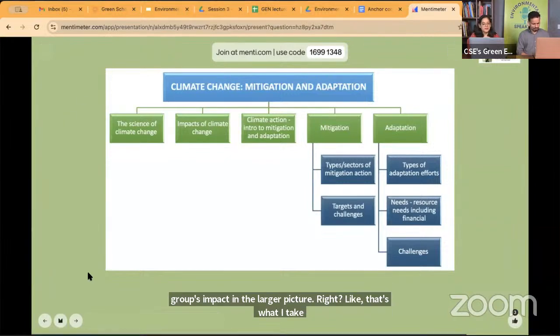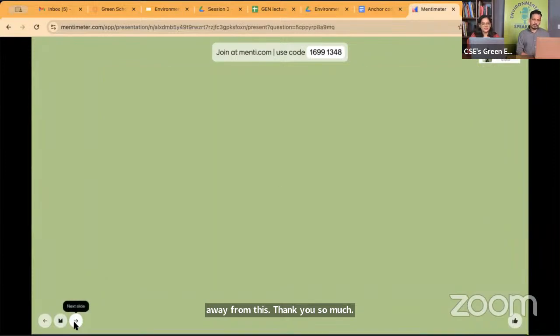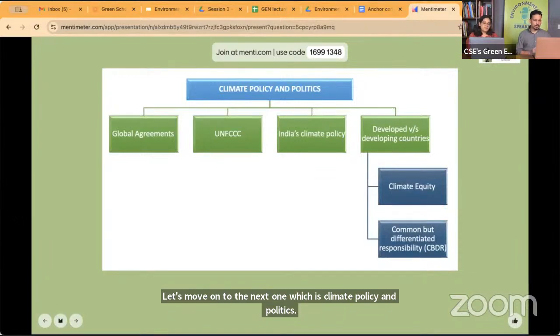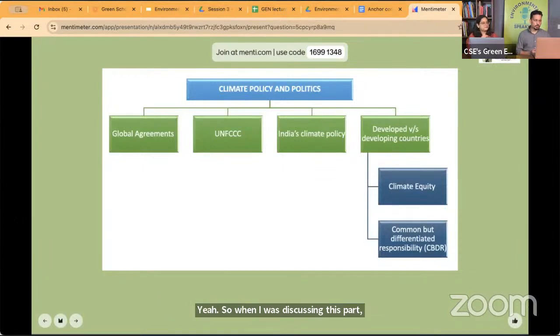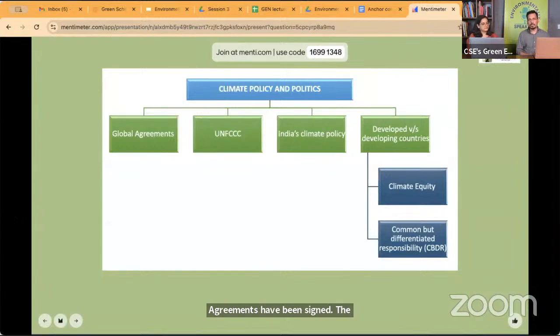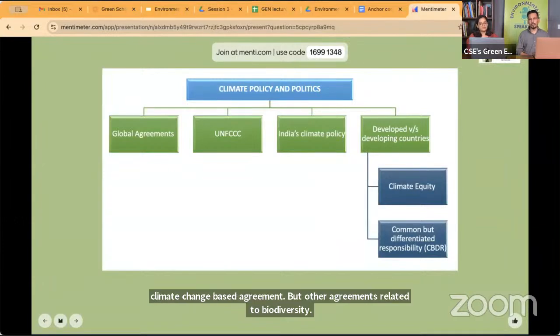Okay, let's move on to the next one, which is climate policy and politics. Prashant? Yeah, so when I was discussing this part, I rushed through the section. I think the awareness of global agreements is important. What sort of agreements have been signed? Not only the climate change based agreements, but other agreements related to biodiversity or combating desertification.